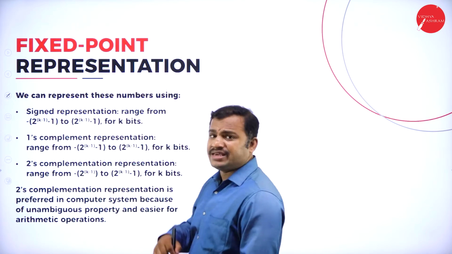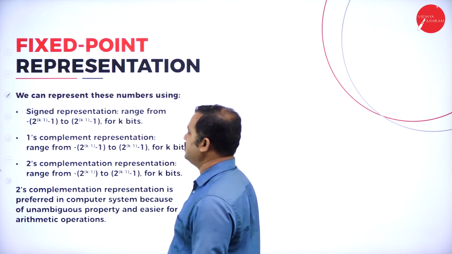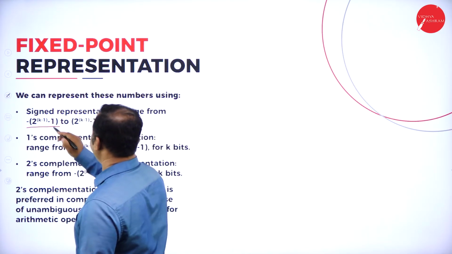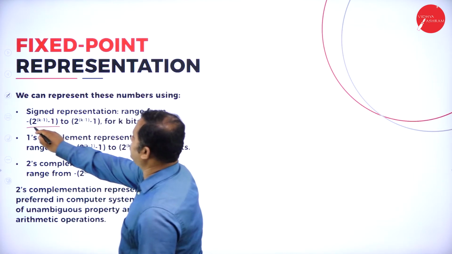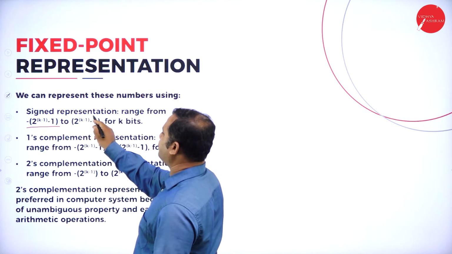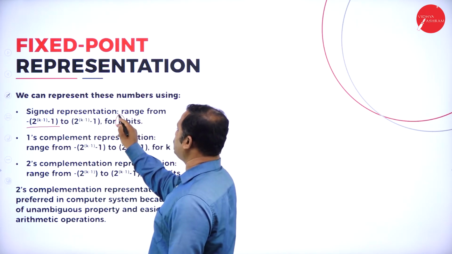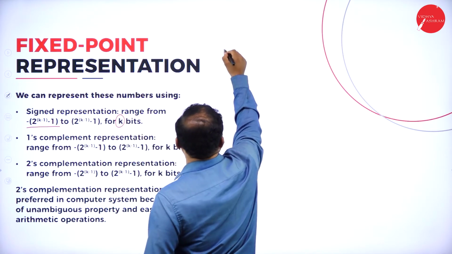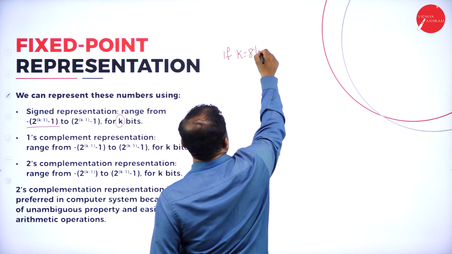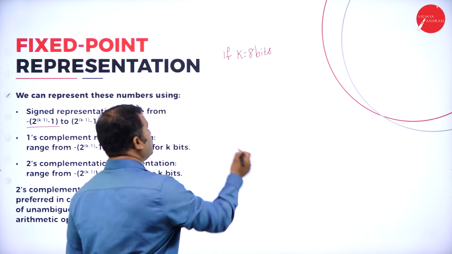So if that is the case, what is the range of values that can be represented? For signed numbers, I can represent from minus 2 to the power of k minus 1, to 2 to the power of k minus 1 minus 1, for k bits. If k is equal to 8 bits, then what is the minimum value I can represent here?